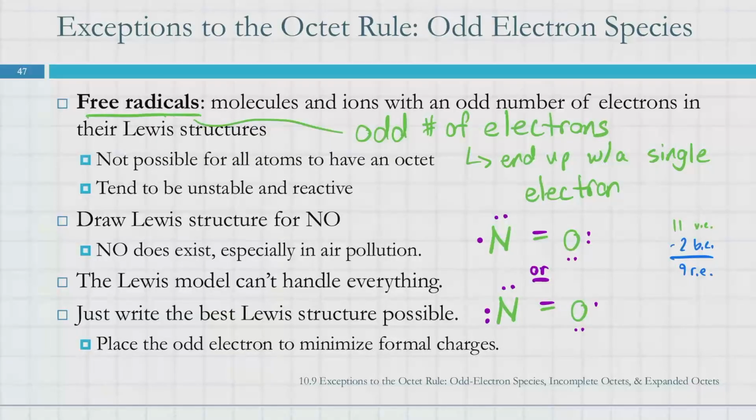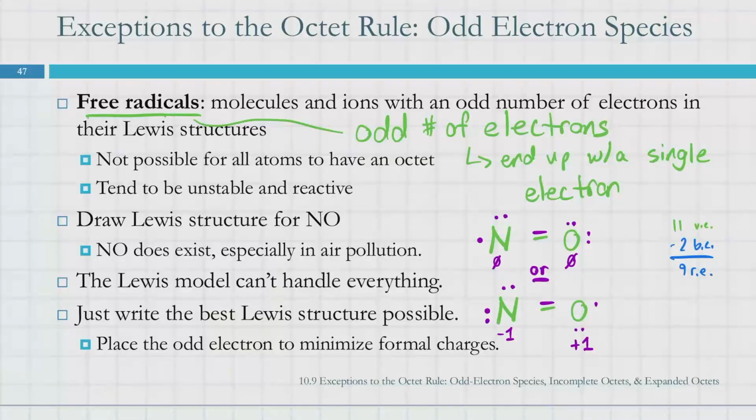If we do formal charges for the top one, we get formal charges of 0. For the bottom one, we get formal charges of -1, +1. Move some electrons around again.